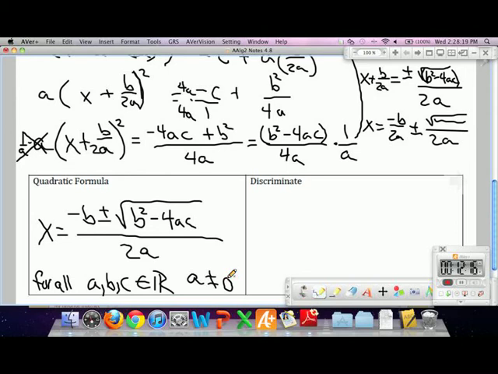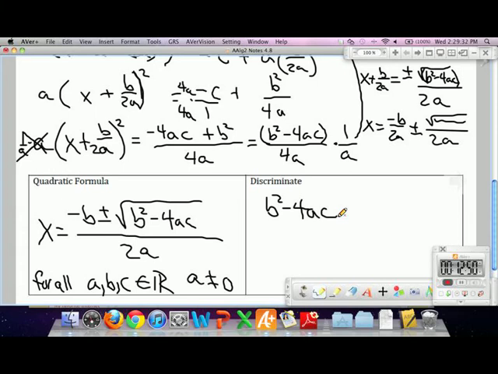What about the discriminant? The discriminant is a specific part of the quadratic formula. The discriminant is what's under the square root. It's useful because it tells you how many solutions this will have.